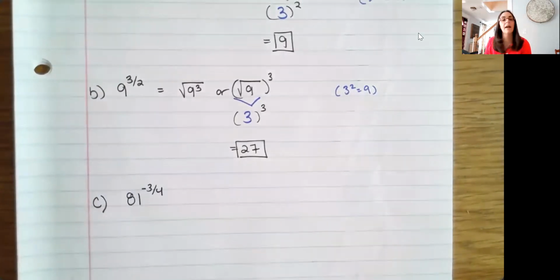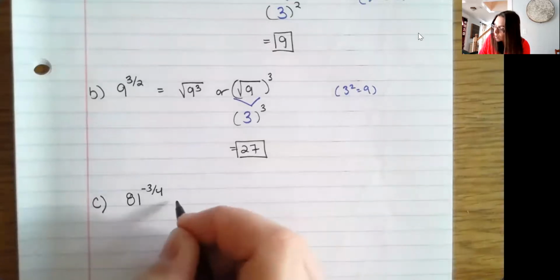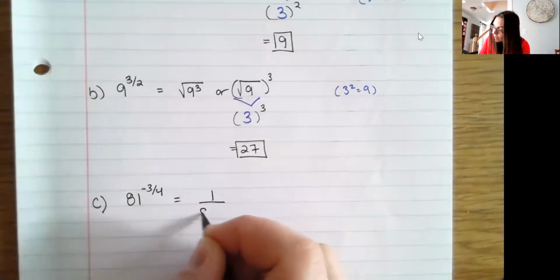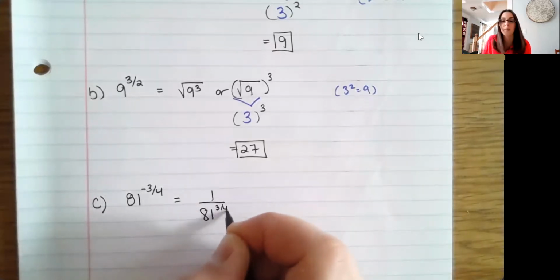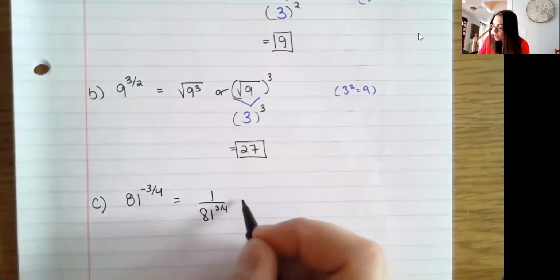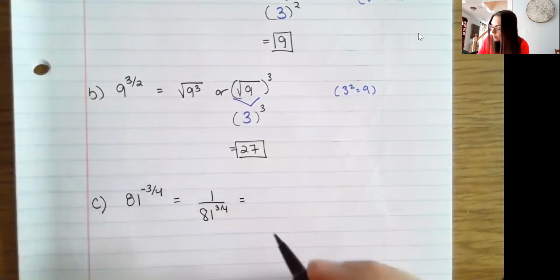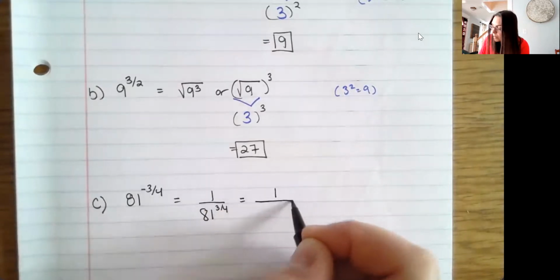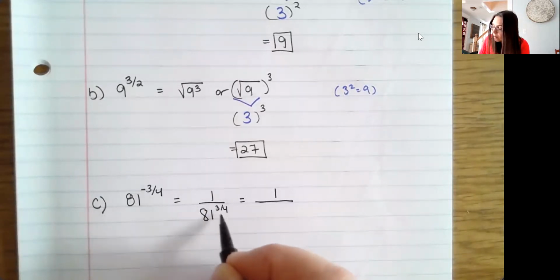Okay, here I have 81 to the negative 3/4. So before I do any converting over, I do want to get rid of that negative exponent. So I'm going to flip it first to 1 over 81 to the 3/4 power, and then I'll make the change. So make sure you get rid of that negative first here. It's going to be easier for you. And then remember, my denominator is my root.